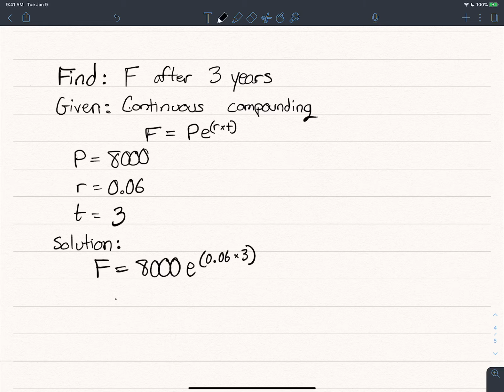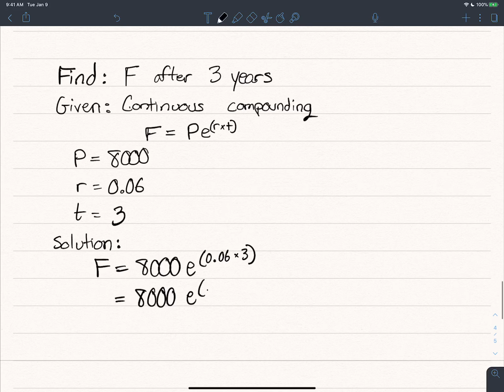So we're going to do that part first. And we'll get 8,000 times E to the, 0.06 times 3 is what? Is it 0.18? 0.18.